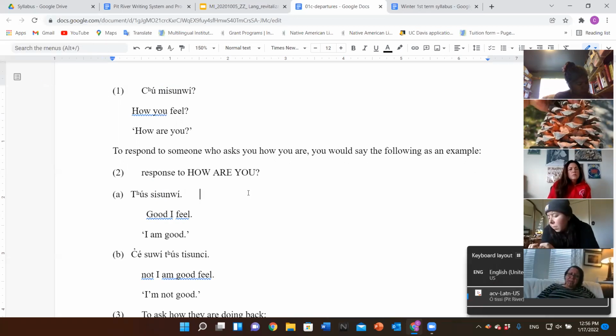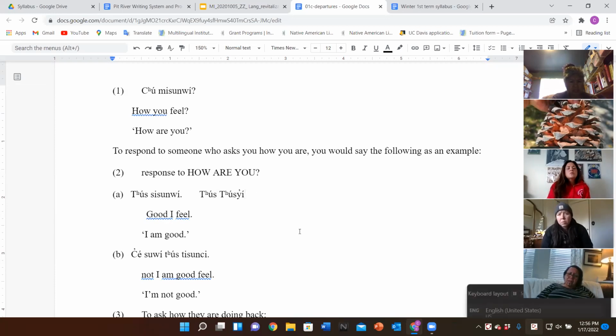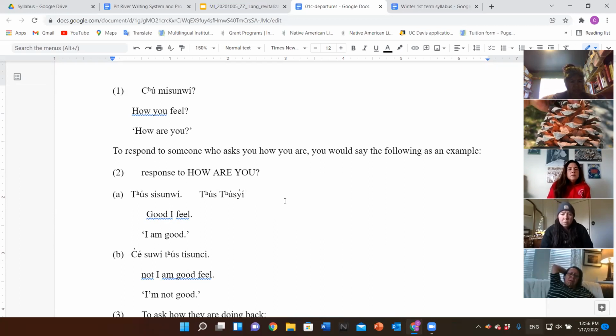Oh no, it is correct. You have tus, right here, and then tusi. So there's two versions. Those both mean good. Those are both correct.